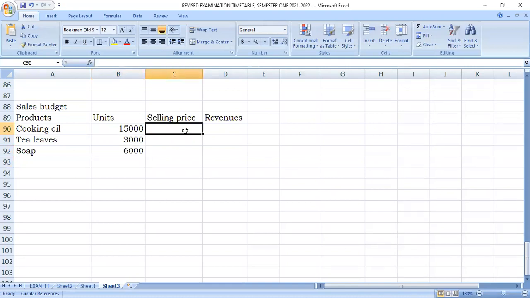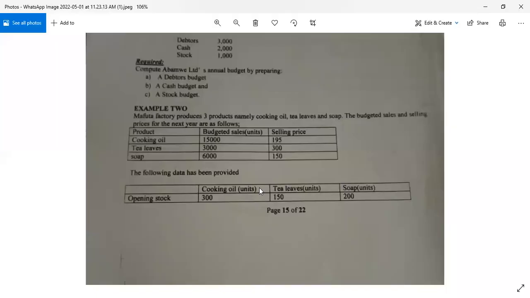Then given the selling prices, 195, then you have 300, then you have 150. This information is given in the question. So I use it to get the budget.